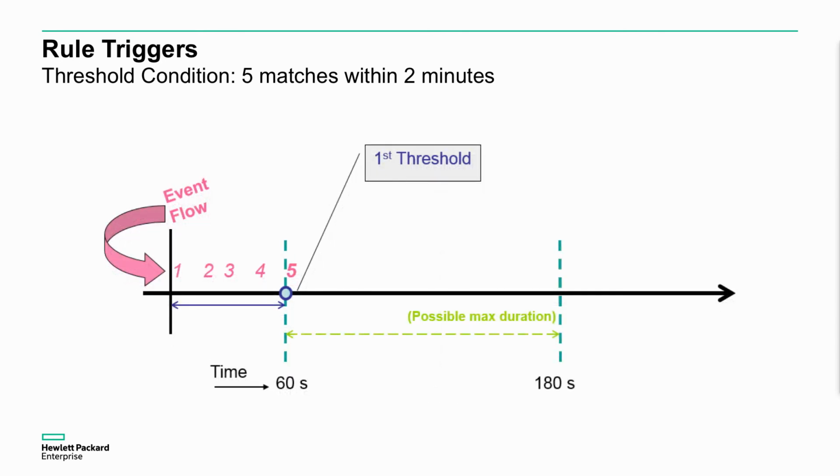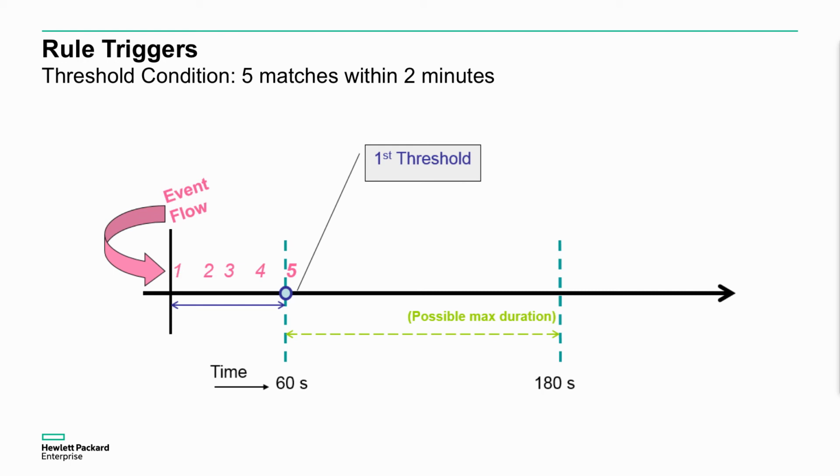If we make that a little more relevant, we hit our first threshold, and of course it's 5 matches within 2 minutes, but we hit it within the first 60 seconds. Now, if we have a subsequent threshold, that means we have up to 180 seconds. Remember, it's 2 minutes.